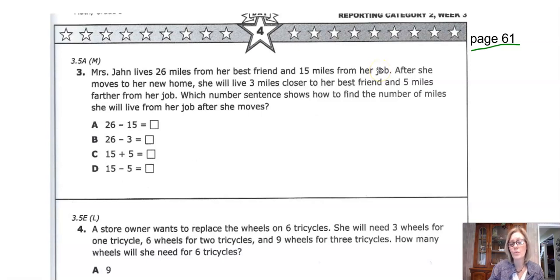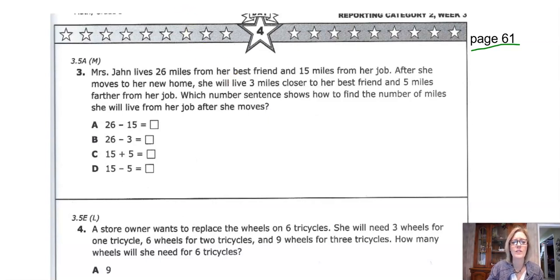So we're given some information here, aren't we? After she moves to her new home, she will live 3 miles closer to her best friend and 5 miles farther from her job. Which number sentence shows how to find the number of miles she will live from her job after she moves? Okay, there was a lot of information here.